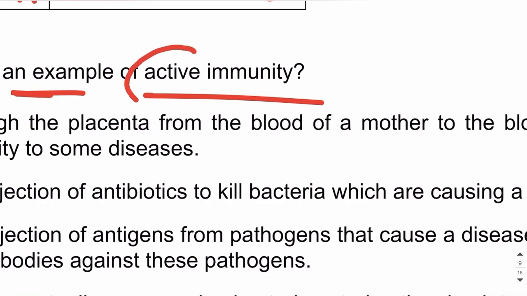Always remember this point that whenever they say active immunity, active processes are going on inside your body, and for that the antigen must be inserted. Because when the foreign antigen enters the body naturally or via injection, it triggers the immune response.